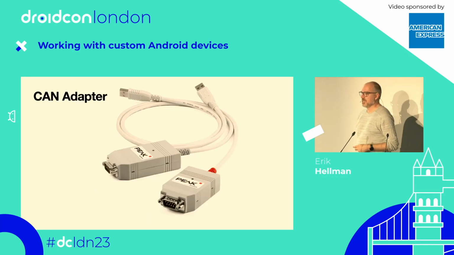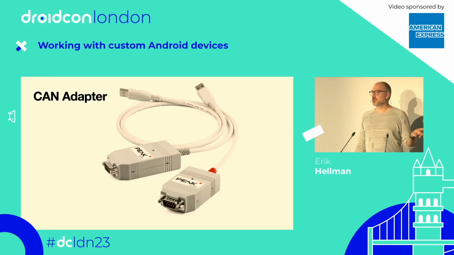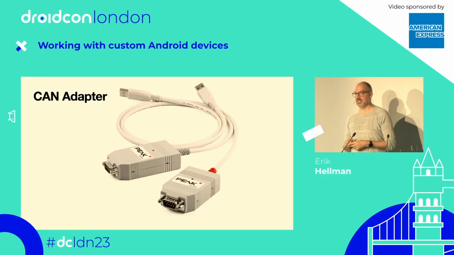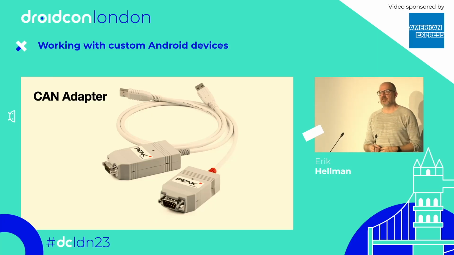And this is a fun thing. Does anyone here not know what CAN means? Most of you have some idea. CAN stands for Controller Area Network, a standard that started in 1983. So brand new. It's basically a serial interface for microcontrollers, but it's used in cars.